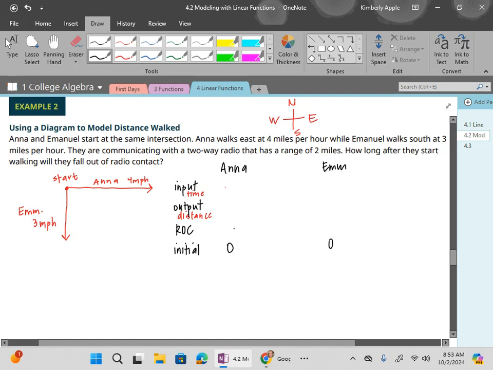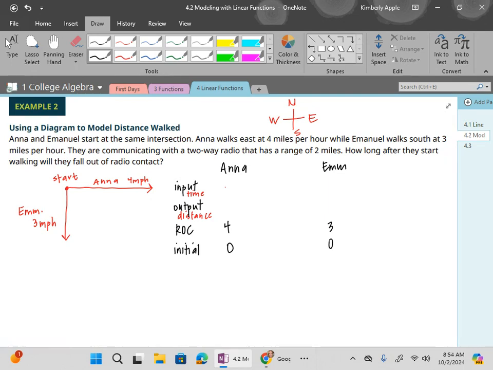The rate of change of that distance for Anna is 4 miles per hour. For Emmanuel, it is 3 miles per hour, right? As they walk, is their distance from their starting point increasing or decreasing? Increasing, so those rates of change will remain positive.